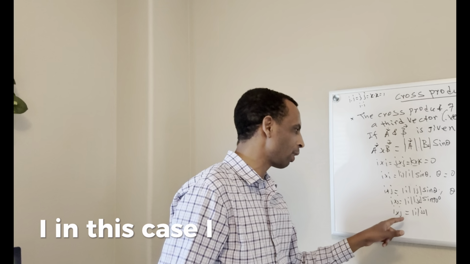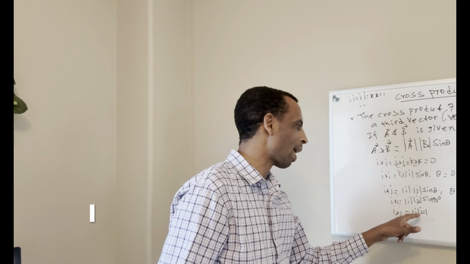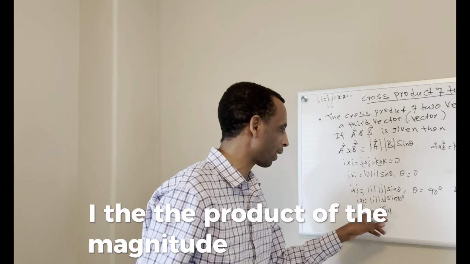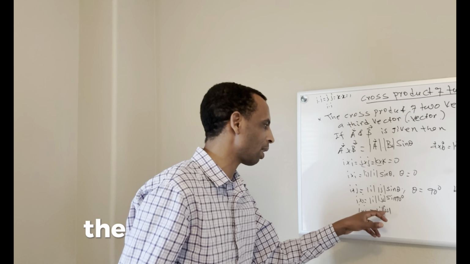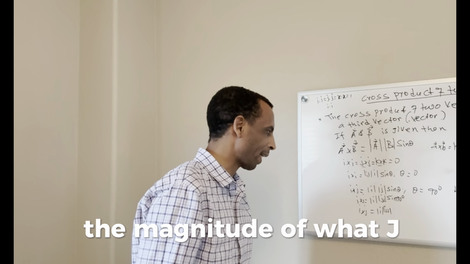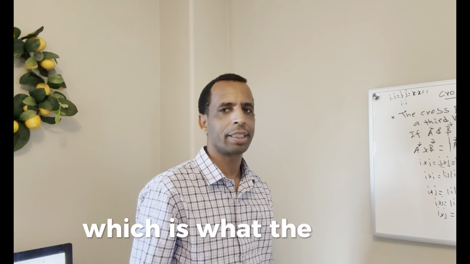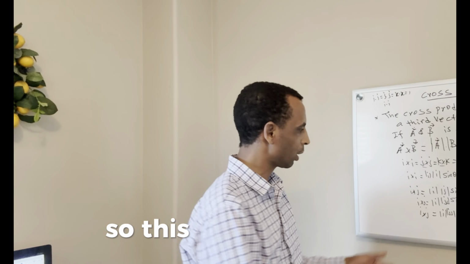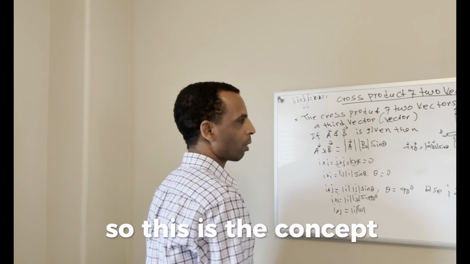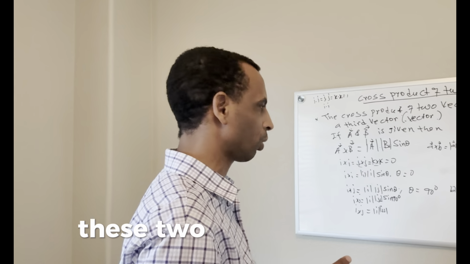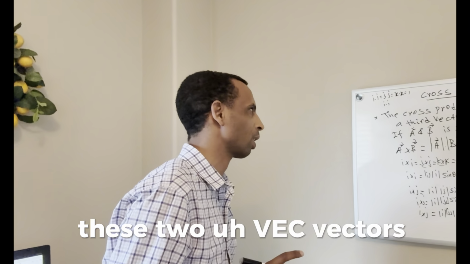In this case, I dot j equals the product of the magnitude of I times the magnitude of J. So the direction is the second vector, which is j. This is the concept or the definition of the cross product of these two vectors.